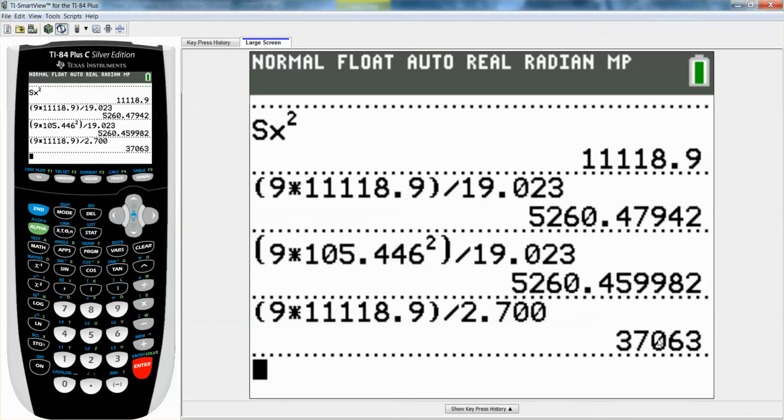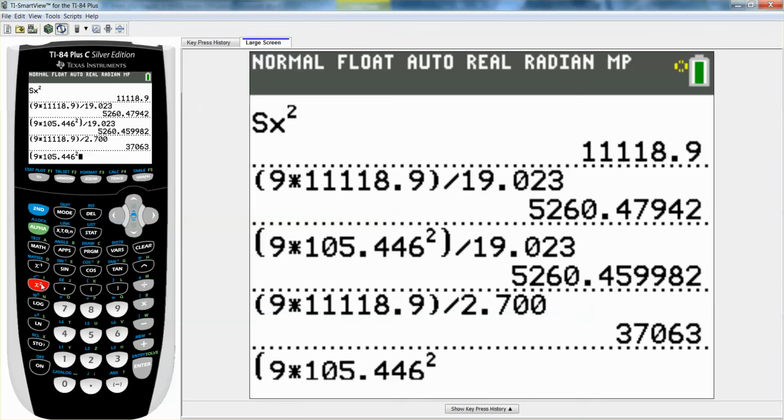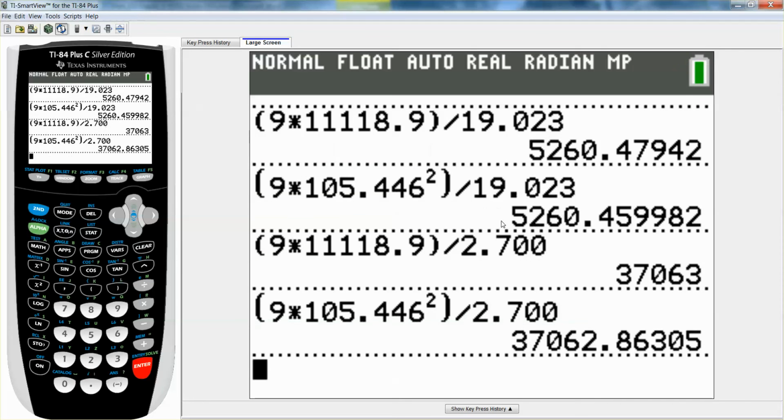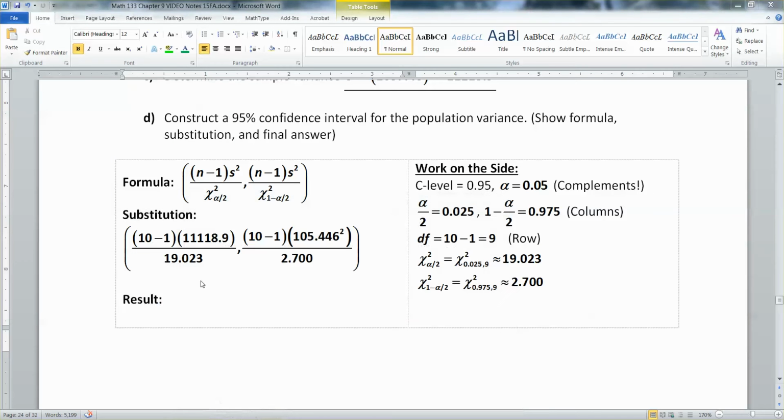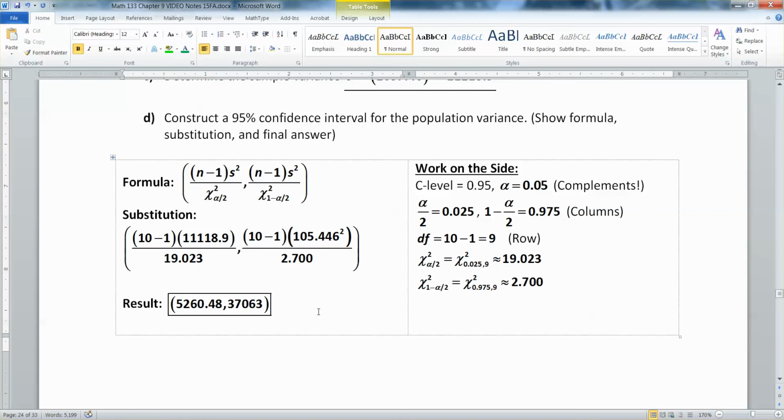And that gets me 37063. Now, if you had used 9 times 105.446 squared, close parentheses, divided by 2.700, you'd end up with that number. Now, they're very close, they're very similar, but that's why you show all your work, because I would accept either one of these numbers. I'm going to put into the notes the more accurate one, which is that one.